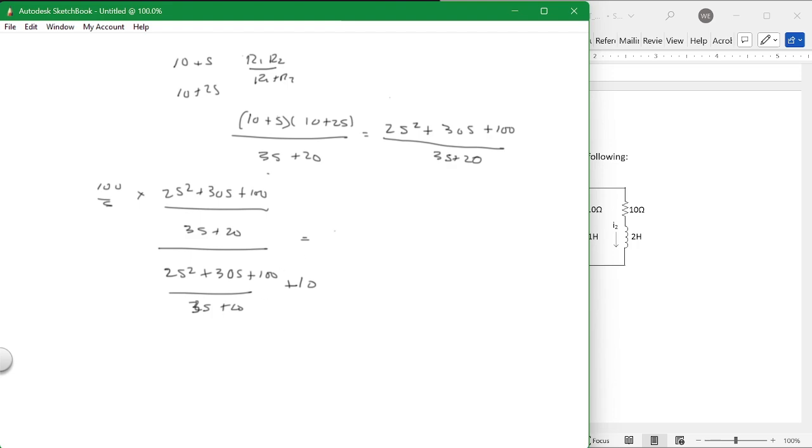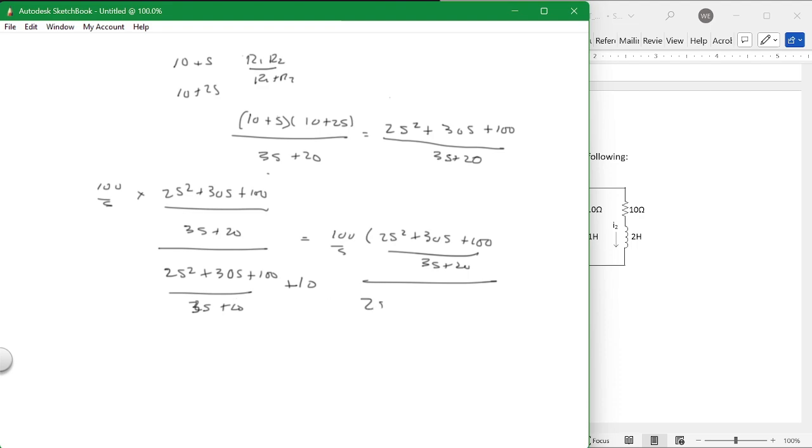So you've got 100 over S times 2S squared plus 30S plus 100 over 3S plus 20, all over, so 10 times 3S is 30S.